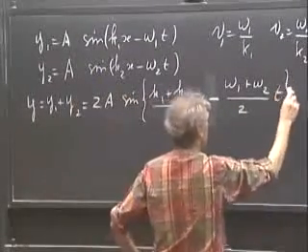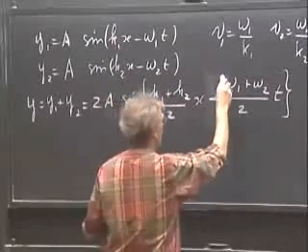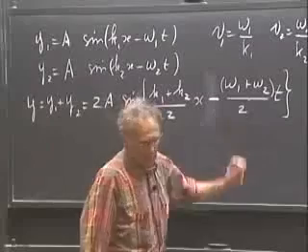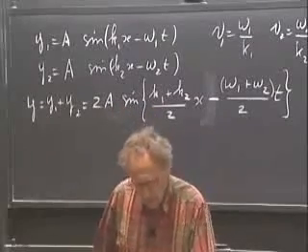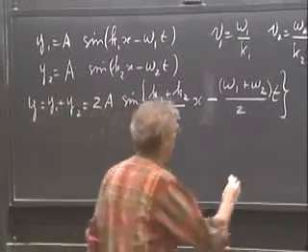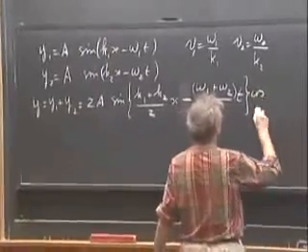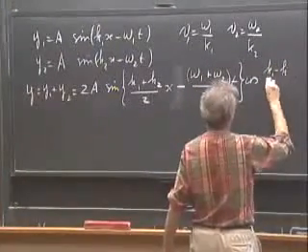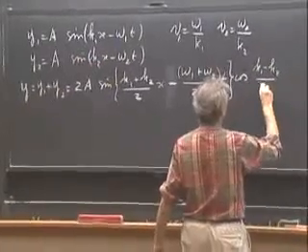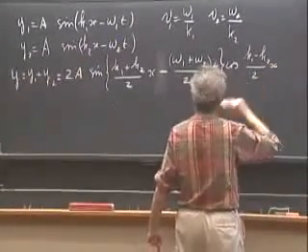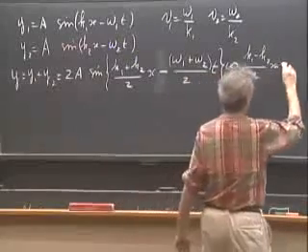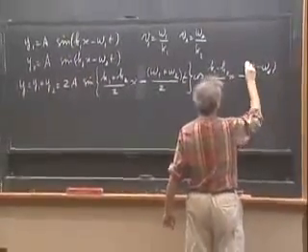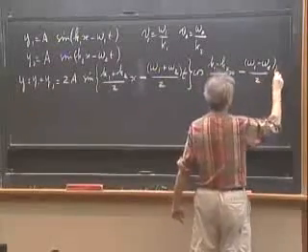So that is the sine of half the sum. I should put brackets here so that the minus sign holds for here and for there. And I have to multiply by the cosine of half the difference. So I get k1 minus k2 divided by 2 times x, and now minus omega 1 minus omega 2 divided by 2 times t.